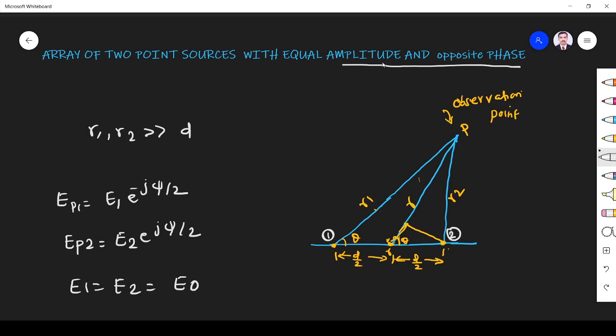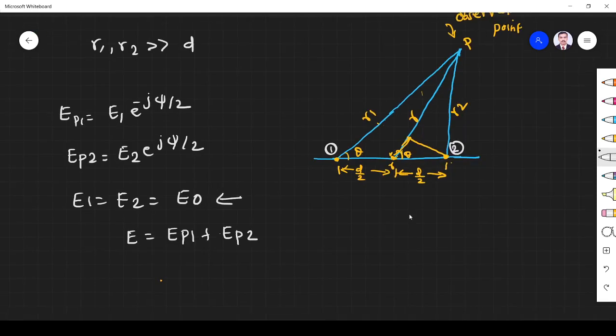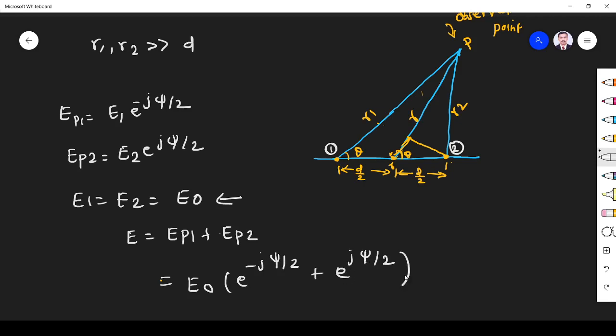Current of the same amplitude produces the same magnetic field, that will produce the same electric field. So what is the total electric field at point P? It is due to source 1 and due to source 2, so the summation of both fields. Instead of E1, E2, I substitute E0, and take E0 outside: E0 into e power minus j psi by 2 plus e power plus j psi by 2. Now the question comes.